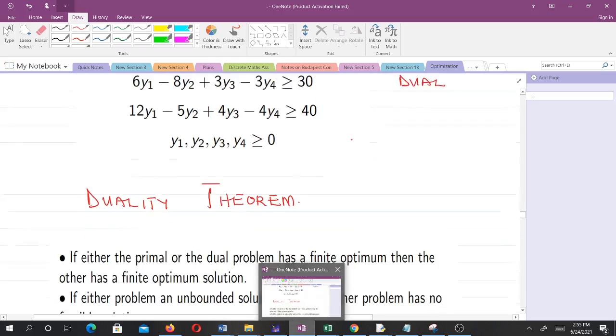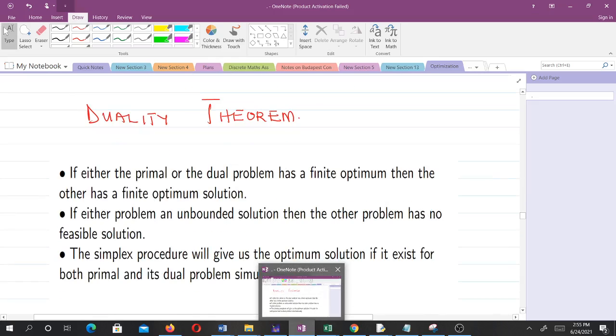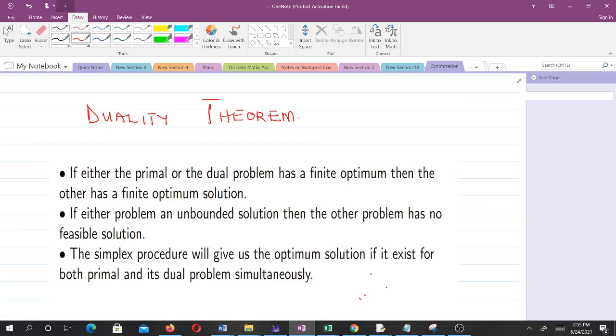Now let's talk about what we call the duality theorem. It says that if either the primal or the dual problem has a finite optimum, then the other has a finite optimum. So if the primal has a finite optimum, the dual also has, and if the dual has, the primal also has. Then it says if either problem has an unbounded solution, then the other has no feasible solution.